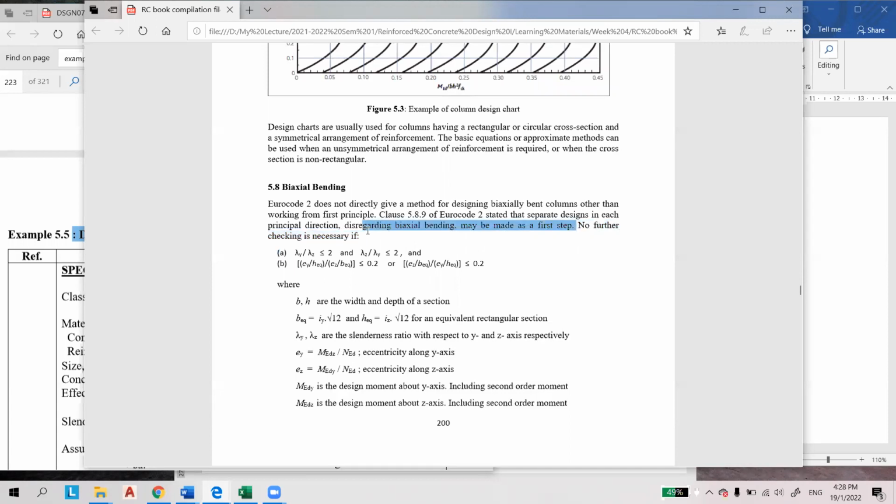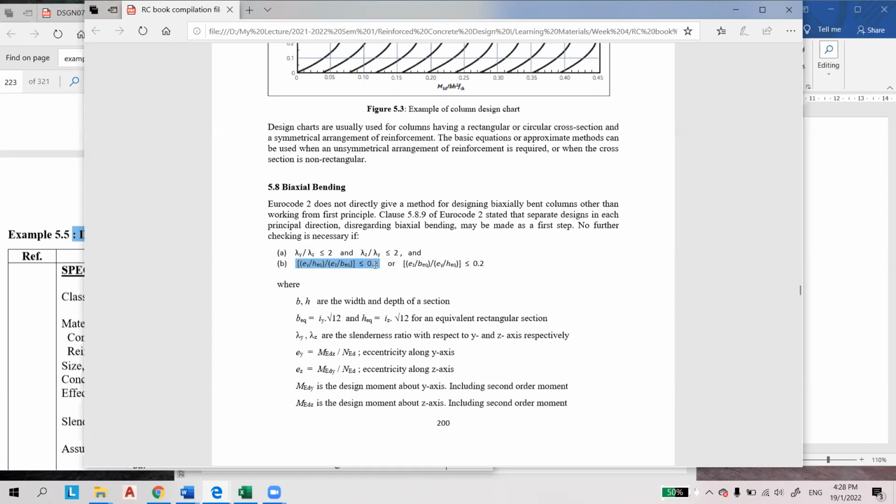No further checking is necessary if the slenderness ratio of the y-axis divided by the slenderness ratio of the z-axis is less than or equal to 2, and the slenderness ratio of the z-axis divided by the slenderness ratio of the y-axis is less than or equal to 2. This is the first requirement, the second requirement, and this is the third requirement.